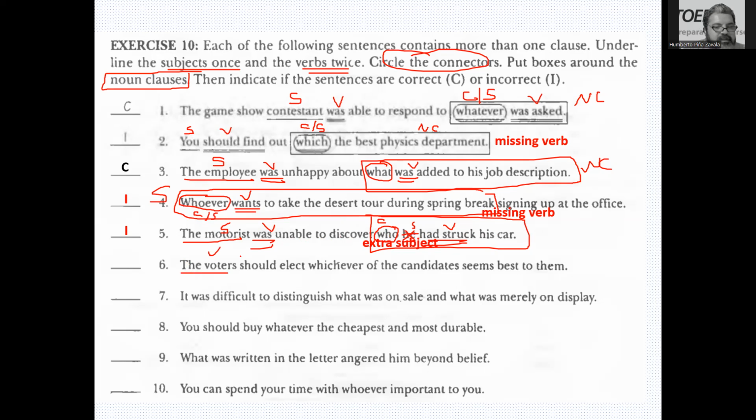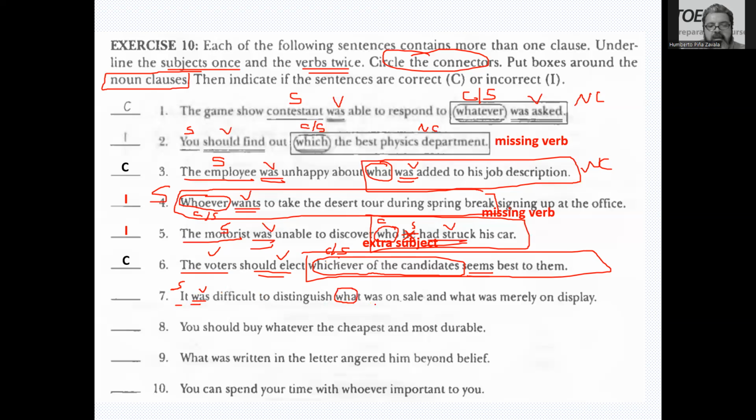The voters should elect whichever of the candidates, right, seems best to them. Right, so we got connector, subject, everything's fine. It, subject, was difficult to distinguish what was on sale and what was merely on display.